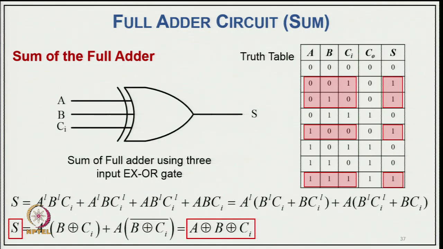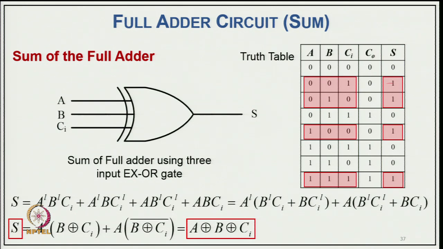So, you can have all the minterms: S equals A dash B dash C I, corresponding to the first, plus A dash B C I, corresponding to the second, then A B dash C dash, and then A B C I. This you can represent taking A dash out: B dash C I plus B C dash I, plus A B dash C dash plus B C I.